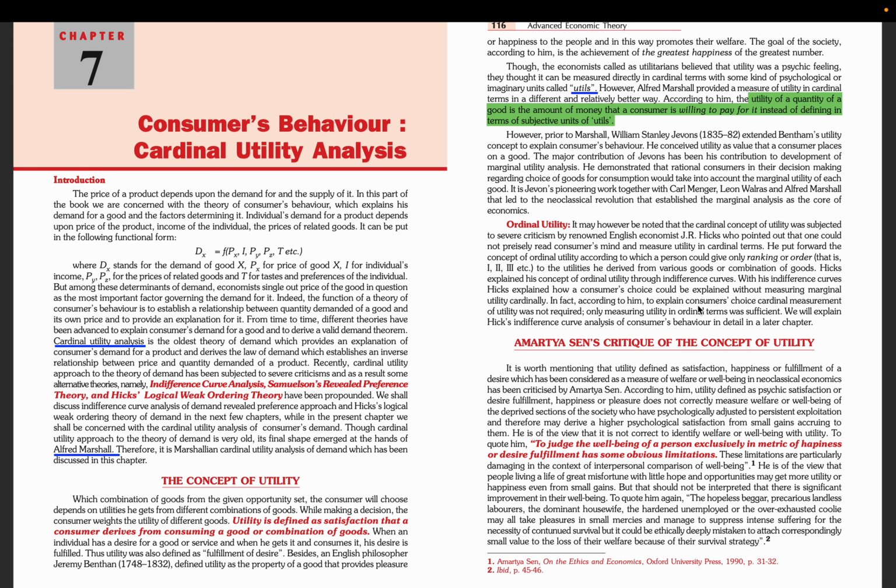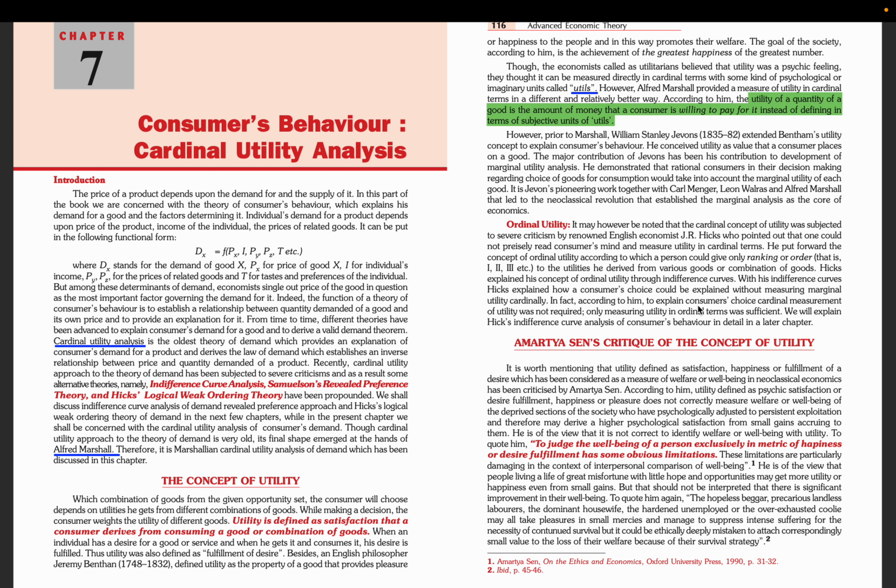He said that rather we should use another approach called ordinal utility, wherein you give order or ranking to the utility that you derive from good A, good B, good C, and then make a decision as to which one you derive the most utility or satisfaction from.